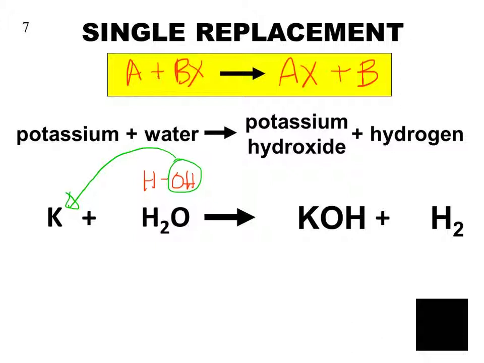So you end up with KOH, potassium hydroxide, and hydrogen. But again, this isn't balanced, so we still have to balance this. And your final balanced equation should be 2 potassium, 2 water, yields 2 potassium hydroxide and 1 hydrogen.